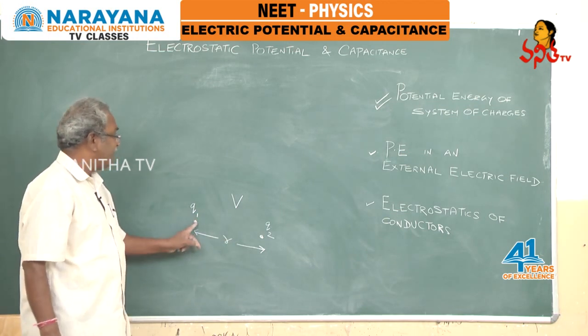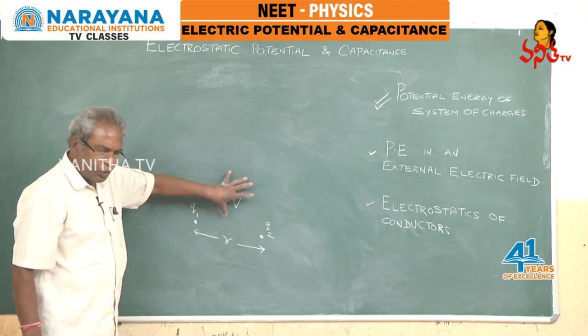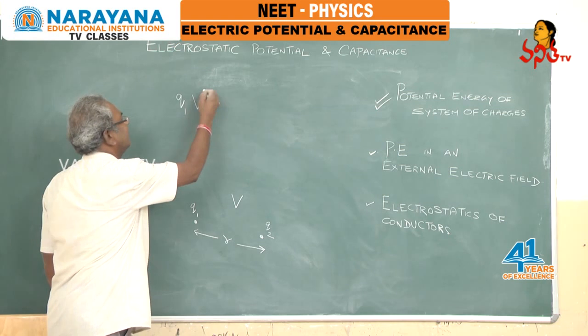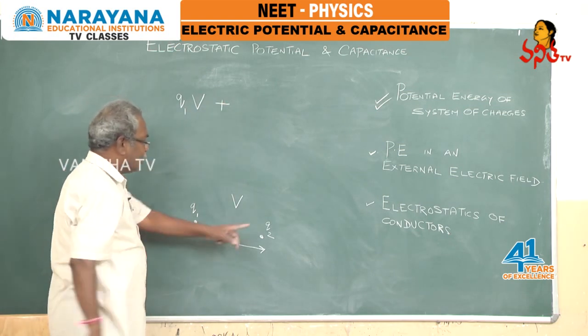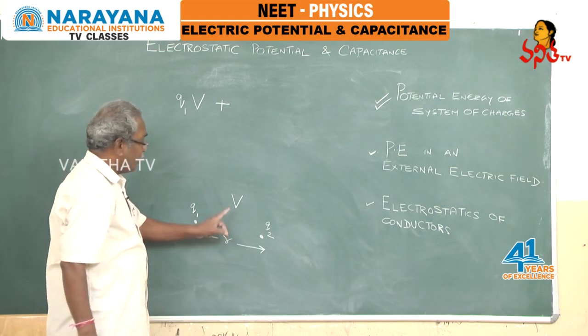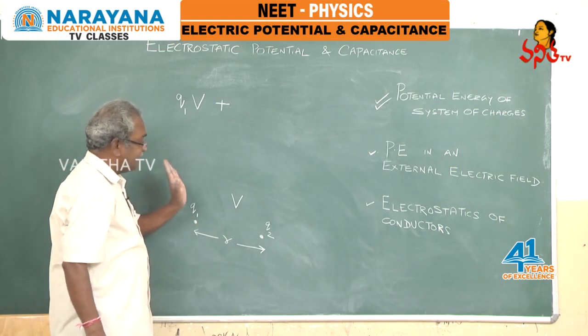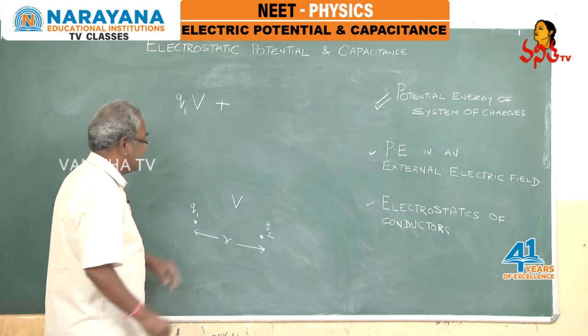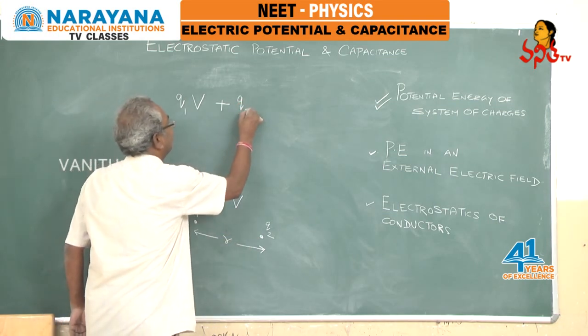Because of Q1 availability due to this potential, potential energy is Q1V. Plus Q2 is available at the point of potential V. Therefore, potential energy due to availability of Q2 at the point of potential V is nothing but Q2V.